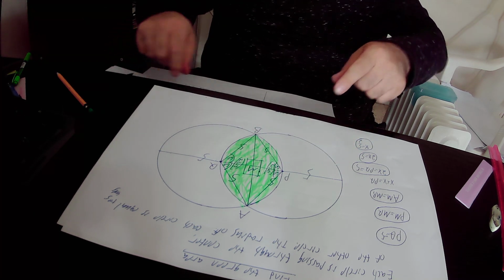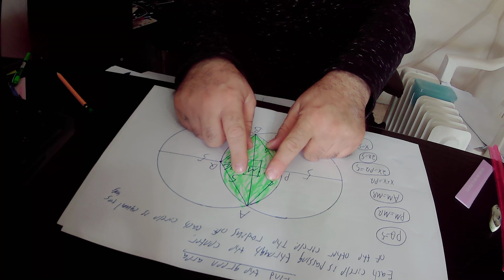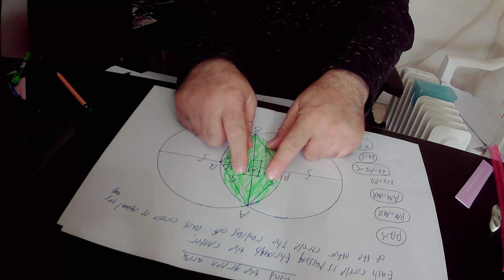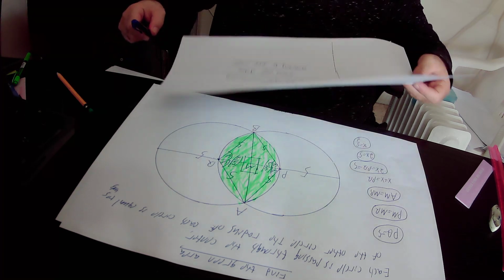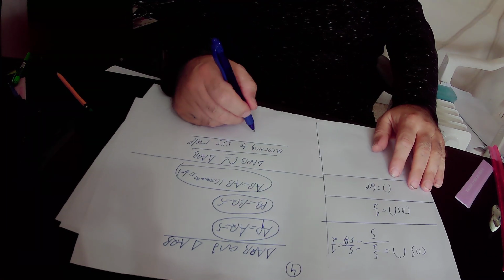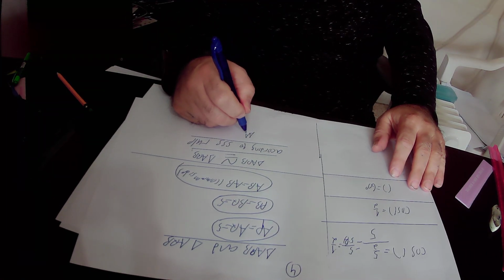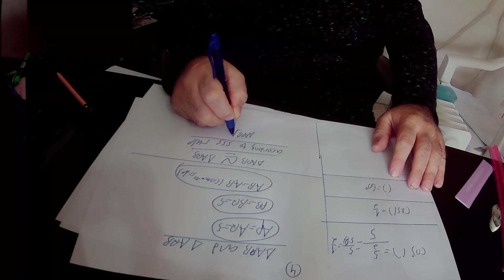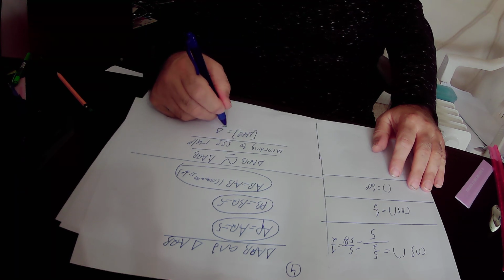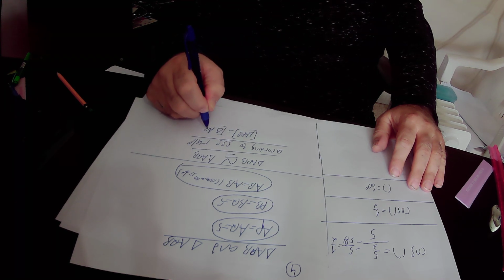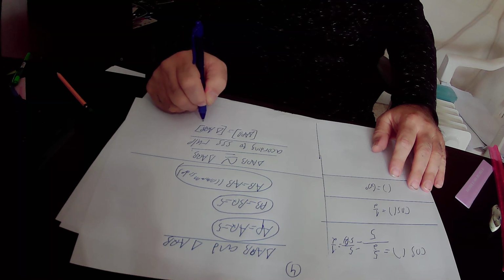And from the fact that those two triangles are congruent, we conclude that they also have the same areas. So the area of triangle APB is equal to the area of triangle AQB. Okay?